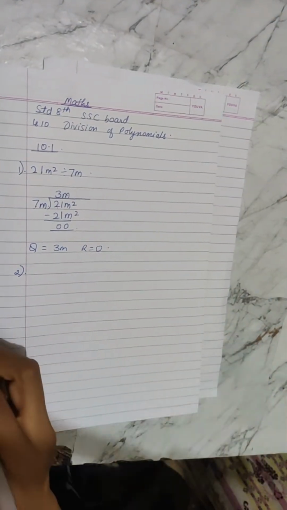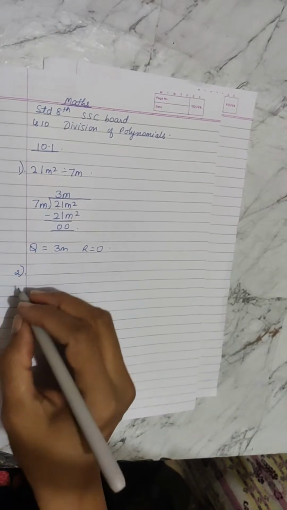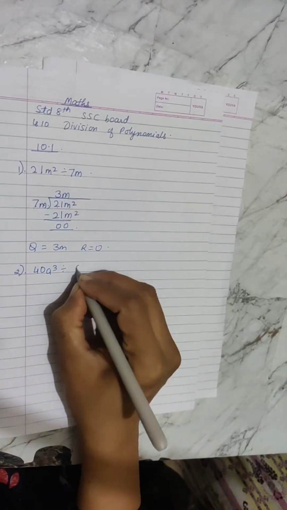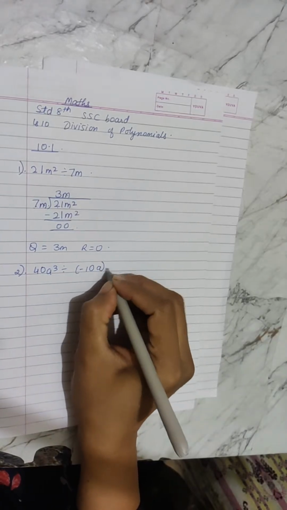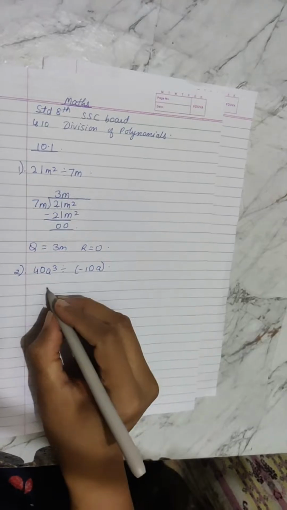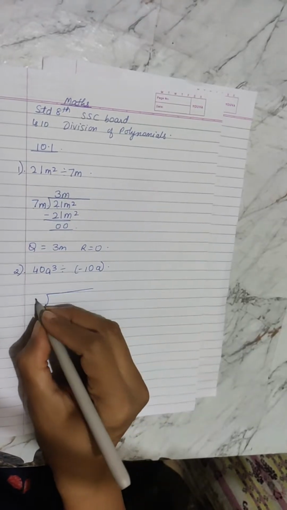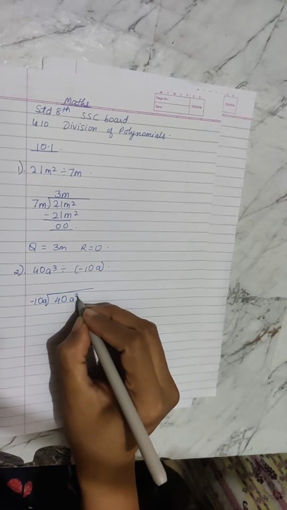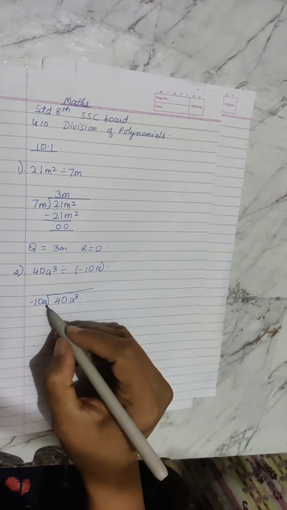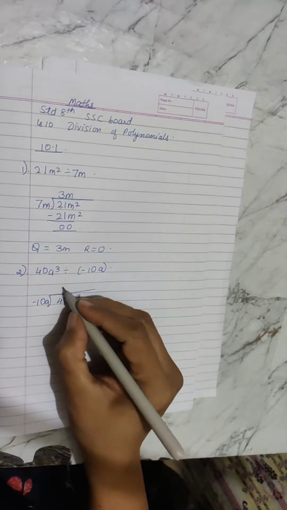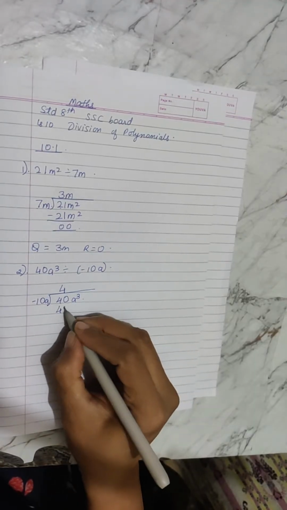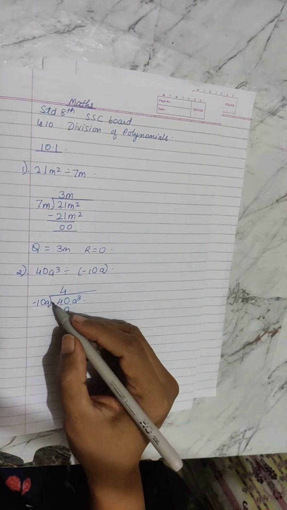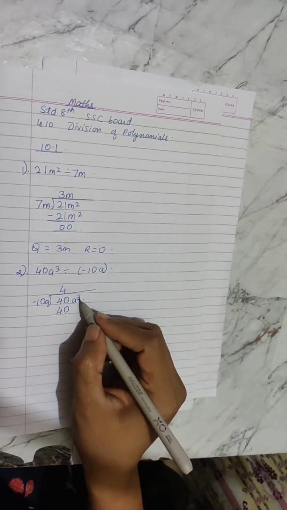The second sum is 40a cube divided by minus 10a. Fine. So we will divide by minus 10a, with 40a cube inside. So I know 40 goes in the 10 table 4 times. So I write 40, 10 4s are 40, and a minus 3.